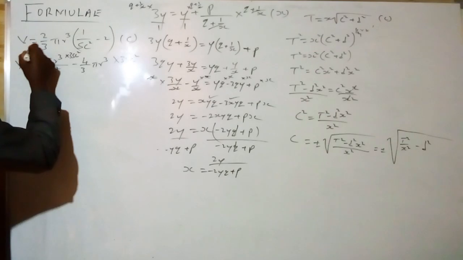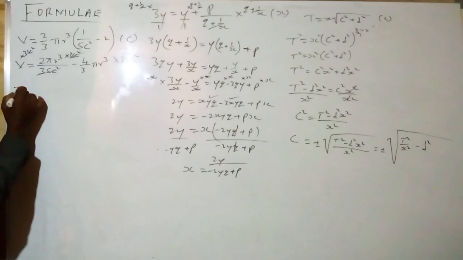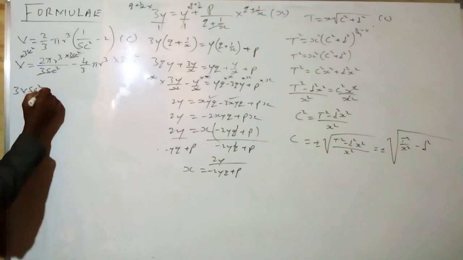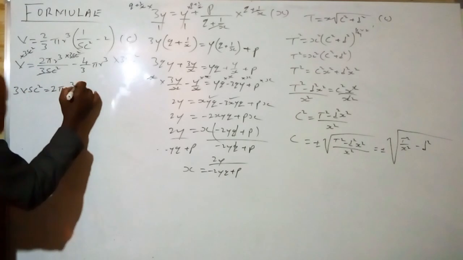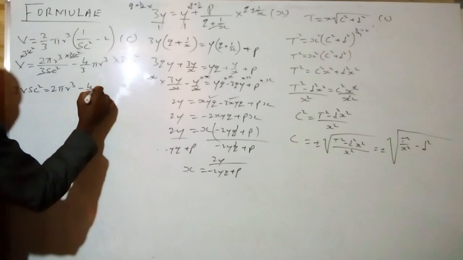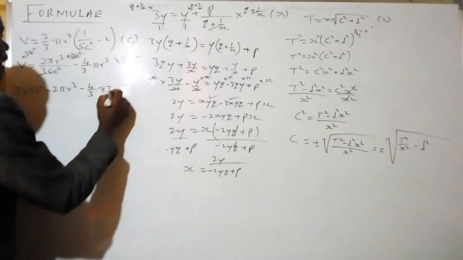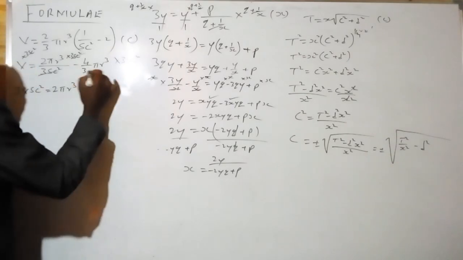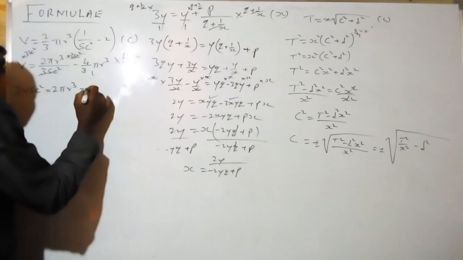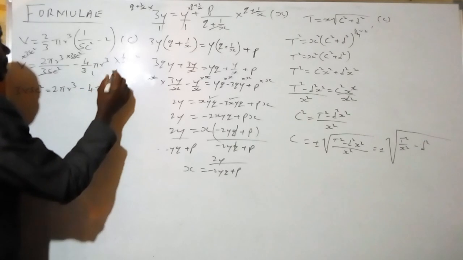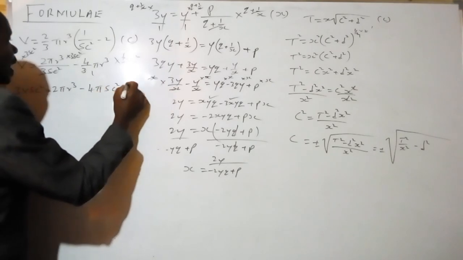This and that comes out. Here we'll be left with 3 v c squared is equals to 2 pi r cubed here. Then minus 4 over 3 pi r cubed, 3 and 3 will cancel, so we'll be left with 4 pi c squared r cubed, correct, like that.